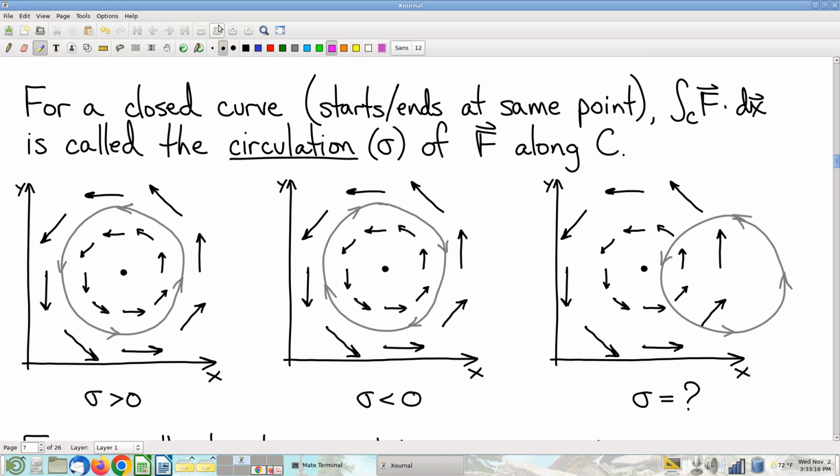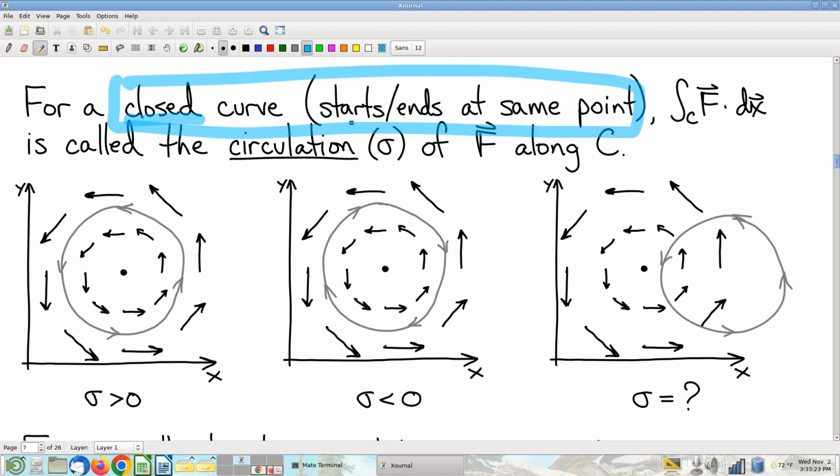Okay. All right, so picking up from there, here is a related idea. I'm going to talk about something called a closed curve. A closed curve just means that it starts and ends at the same point. So, for example, this curve here you can think of as starting there, I suppose, and then it ends also there at the same point. Okay, this is called a closed curve.